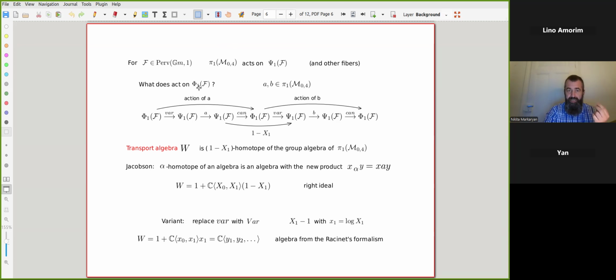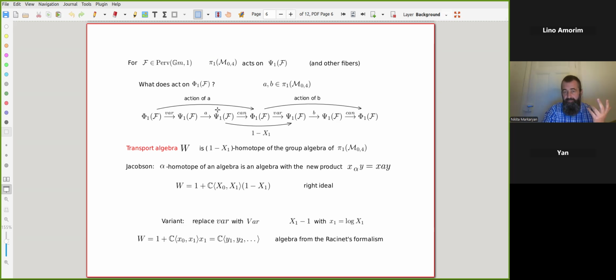And what acts on vanishing cycles? The idea is that we take a vanishing cycle, apply var, and we are in nearby cycles, then we apply an element from the fundamental group, and then we apply can. So this gives the action of loop A, where A is an element of the fundamental group.